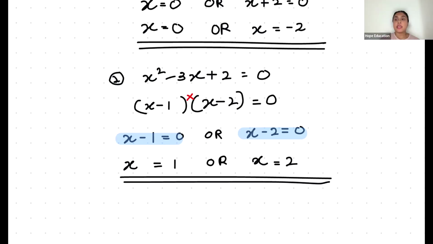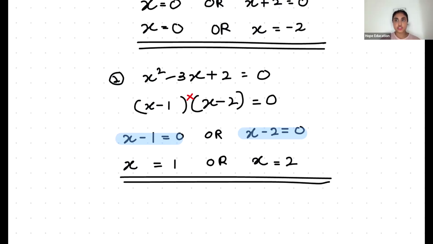Now, I think we can straight away jump to a question. Can you all try, in exercise 15.3, can you try J?